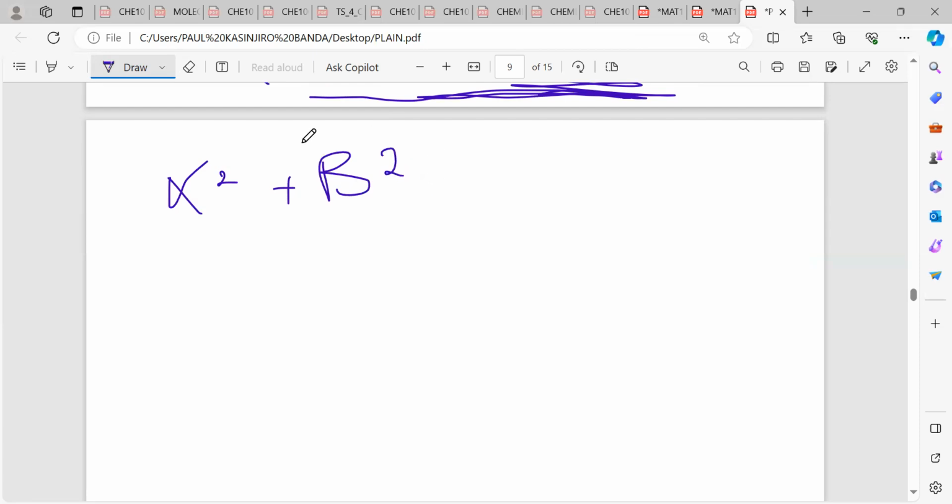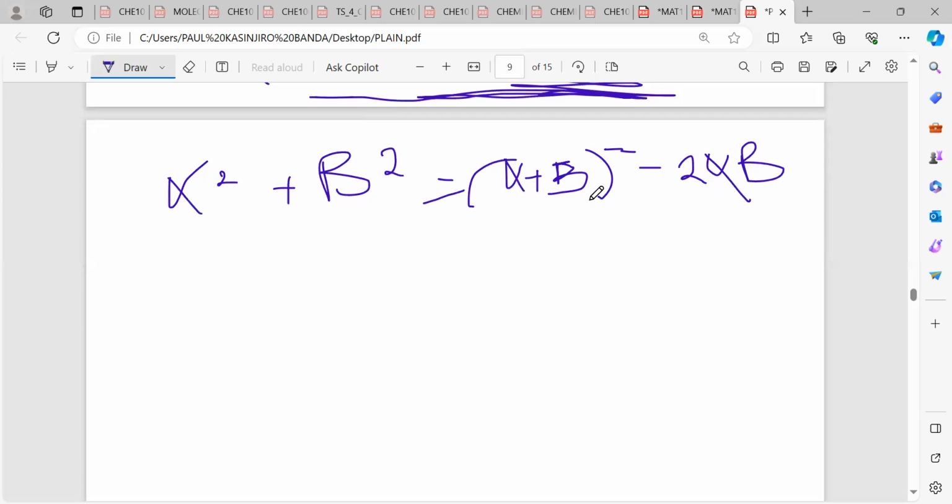The identity is alpha plus beta, squared, minus 2 alpha multiplied by beta. Do we know this identity here?